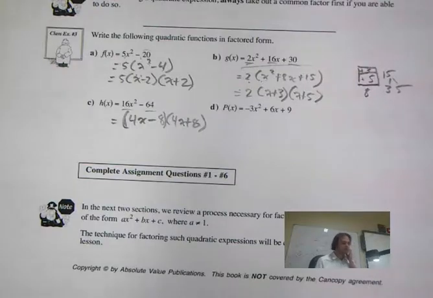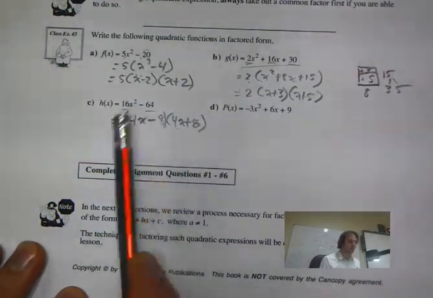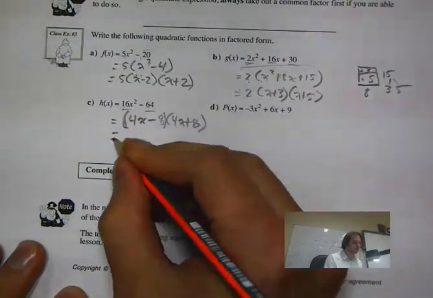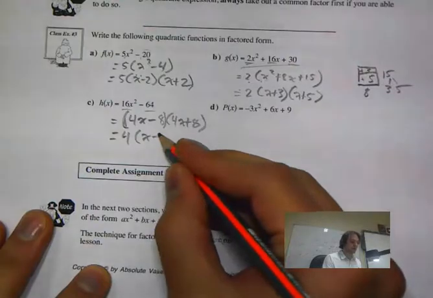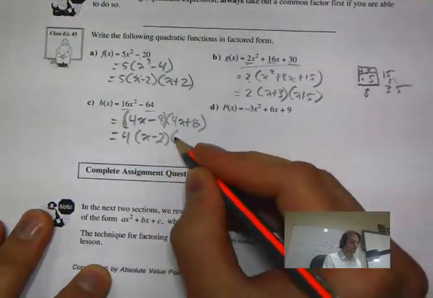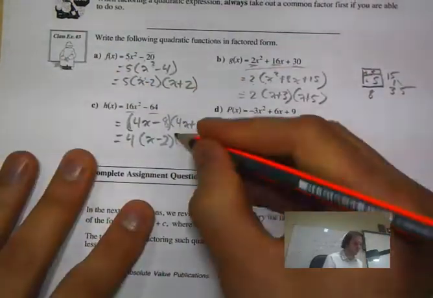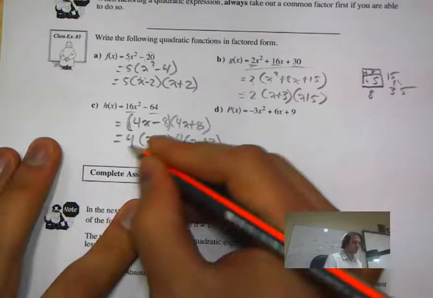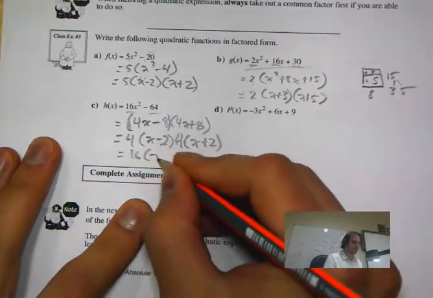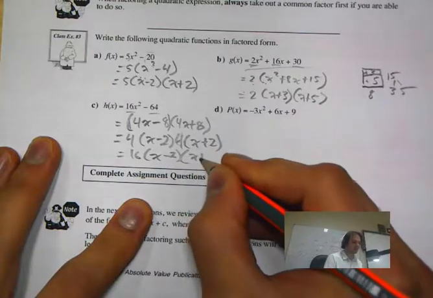When I look at this, I think I could take out 4 from both of these. I could divide both of those by 4. So that's the same as 4x minus 2, and then we could take out another 4 here. 4, and we have x plus 2, which gives me 16 times x minus 2 and then x plus 2.